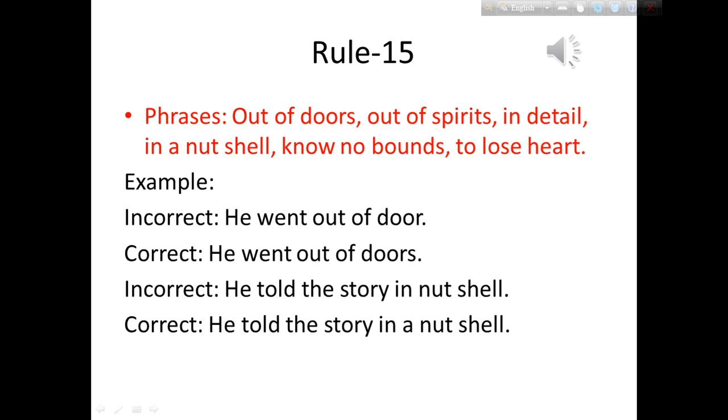So the correct sentence will be, he went out of doors, because the phrase is out of doors. The next example is, he told the story in nutshell. Here again, if you don't know the phrase, you will consider this sentence a correct one. So the correct sentence is, he told the story in a nutshell, because the phrase is in a nutshell.